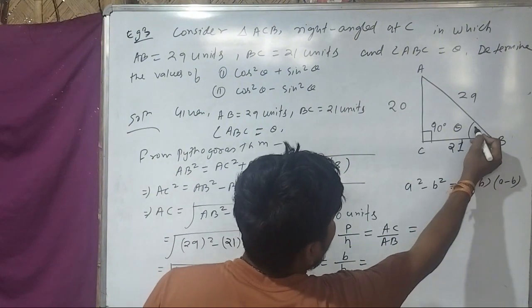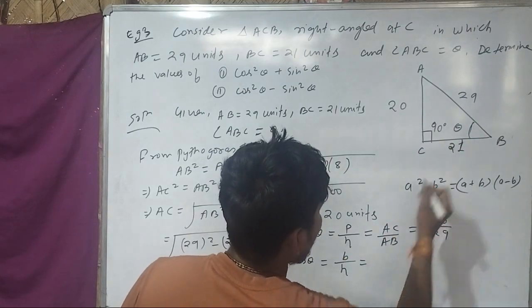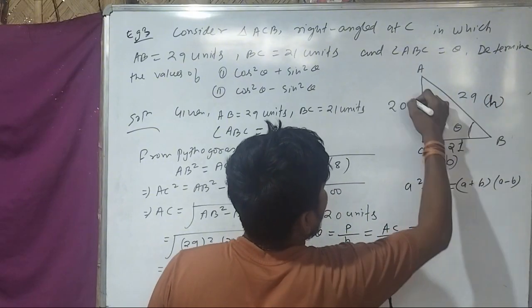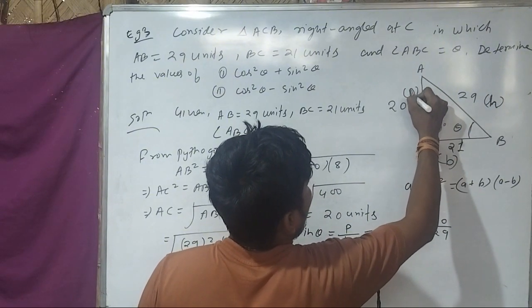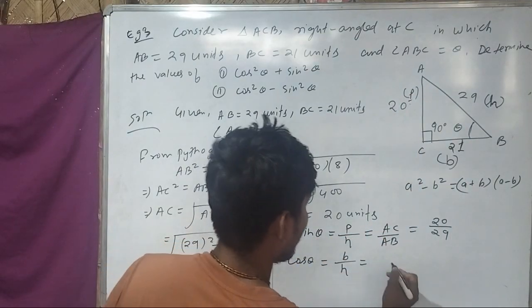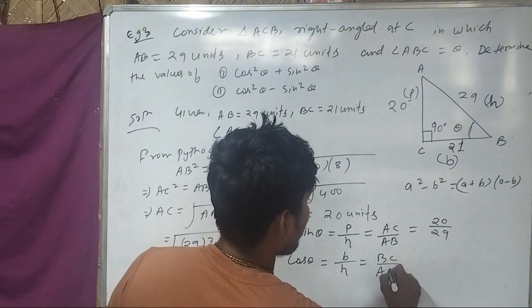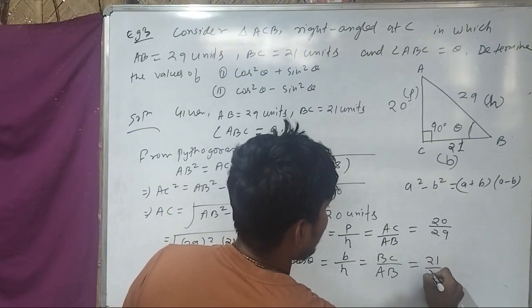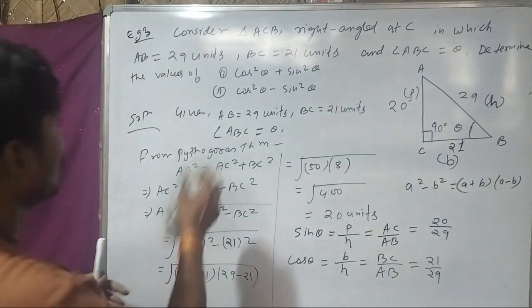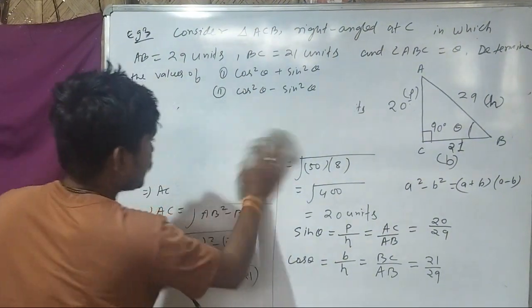BC is the base, so cos theta is BC by AB, which is 21 by 29. Now one by one we will check the values we have to find. So let's check.